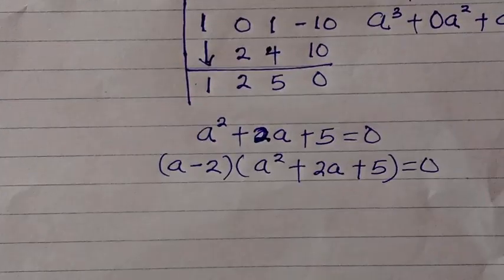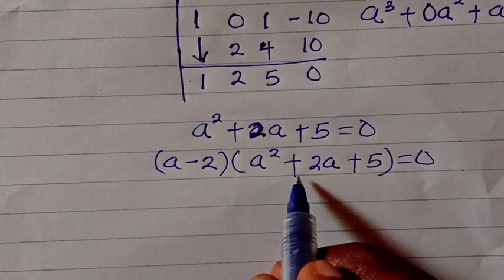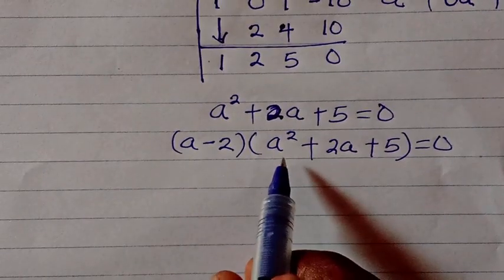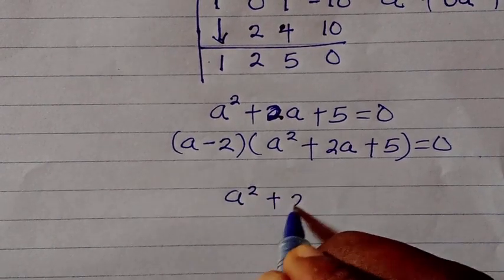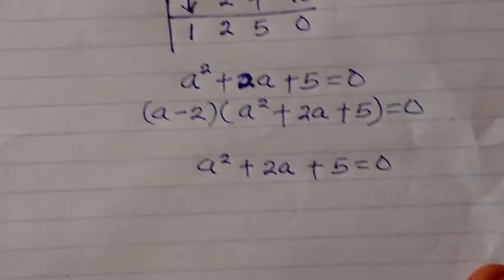equals 0. So since we have gotten this, let's solve for the values of a. Here we have a squared plus 2a plus 5 equals 0.